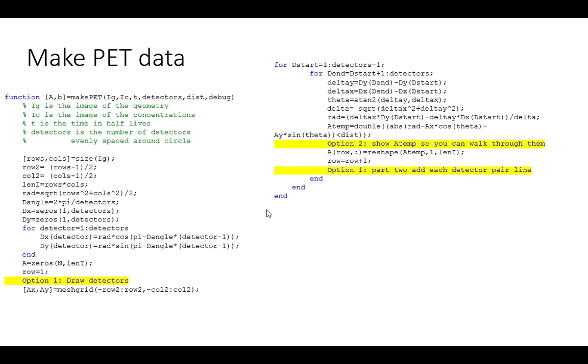The mesh grid makes this, right, this is my detector. These are the boxes, and inside these I'm going to put the concentrations of the isotopes, that's what I'm trying to solve for. Mesh grid basically gives you the XY coordinates of every one of these dots.